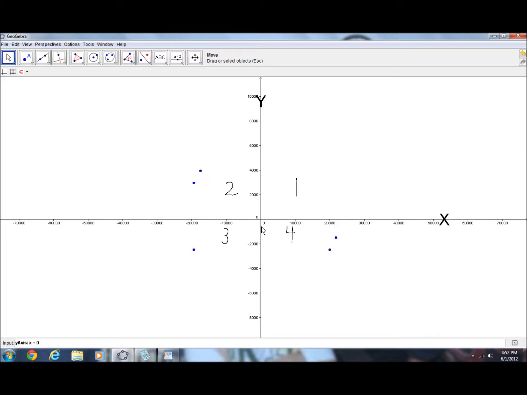In the first section, x and y are both positive. The second section has x negative but y positive. The third section, the x and y coordinates are both negative. Finally, the fourth section consists of points in which x is positive but y is negative.